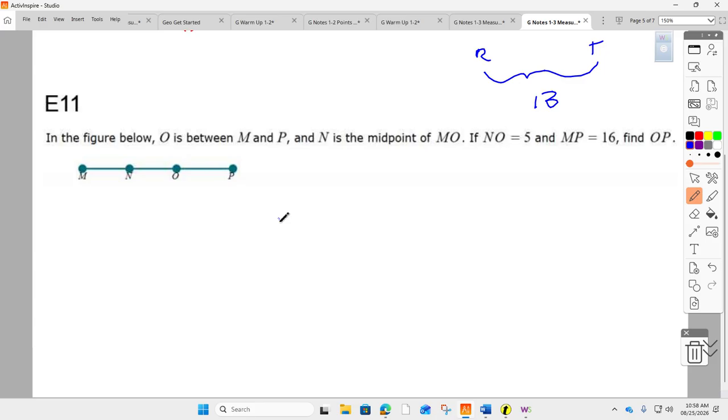It says that M is between O and P. It says M is a midpoint, so this is where we start marking stuff. If we know N is a midpoint between M and O, we should be able to mark something, right?